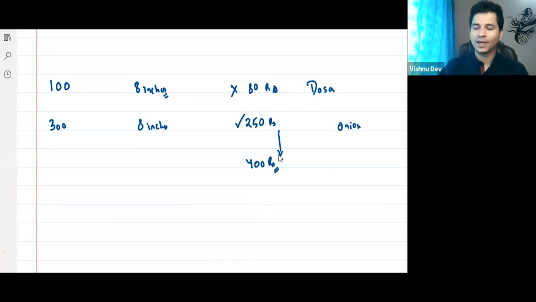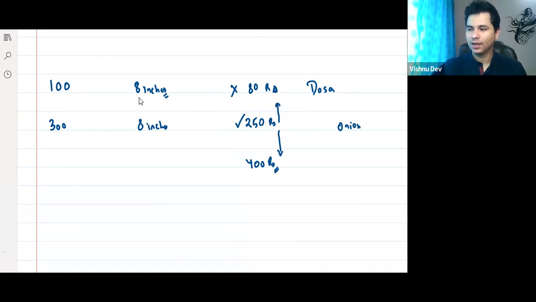But if there's no shortage of onions and everything is cheap, then the price can go down to 80 rupees also. Then this is not a good deal. Understood? We will wait till the price goes to 80.